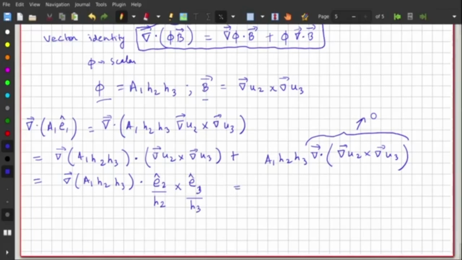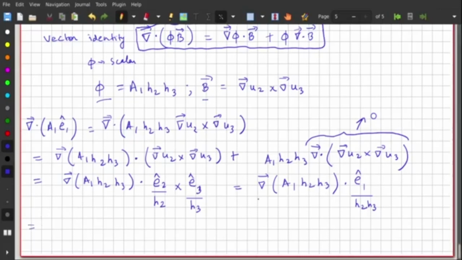So finally this could be written as the grad of A1 H2 H3 dot E2 cross E3, that is E1 divided by H2 H3. Just like this we can write the other components basically. But before writing that, let's expand this thing even further.